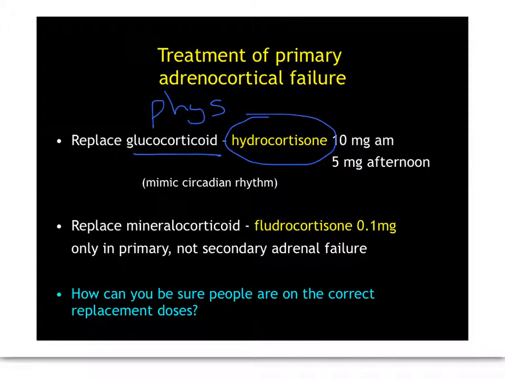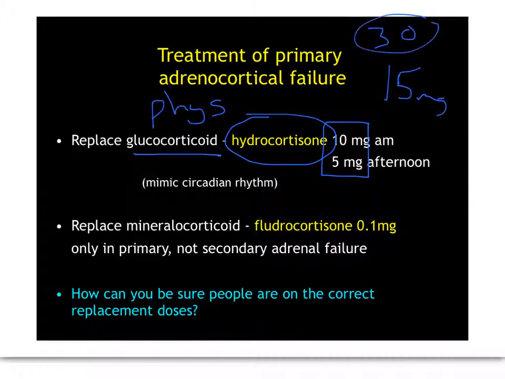That was until the advent of hydrocortisone, probably about 20 years ago or so. We now understand that the typical daily replacement for hydrocortisone is about 15 milligrams a day. When I first qualified, we thought it was about double that, and we probably ended up over-treating people more than we should. There is a circadian rhythm we're trying to mimic.